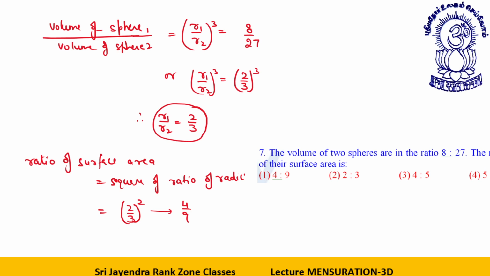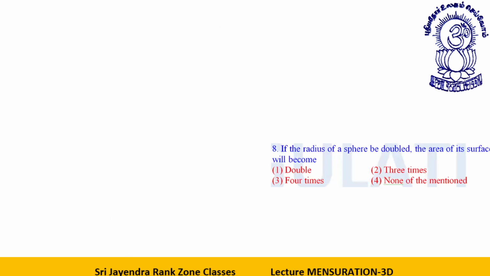Let's take the next one. If the radius of a sphere be doubled, the area of, see, let's say we have sphere 1, sphere 2. Sphere 1 has radius r, sphere 2 has radius 2r. The area of surface will be, so what will be the surface area?